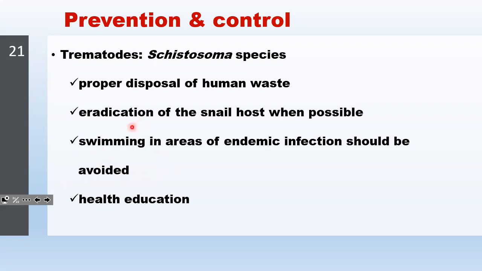You should warn people to stay away from contaminated freshwater lakes and rivers. Discourage people from swimming in these areas. Health education is also very important. Prompt early treatment. There are drugs that can treat infection before complications set in. Any questions?